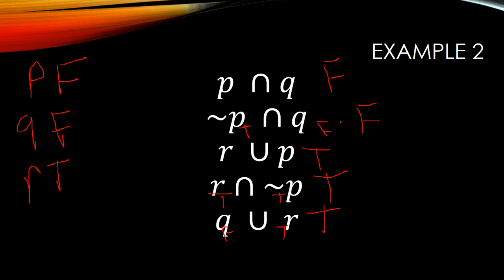R and not P. R is true, not P. P is false, so not false is true. So true and true means the entire statement is true. Q or R. Again, Q is false, false or true. The entire statement is true.